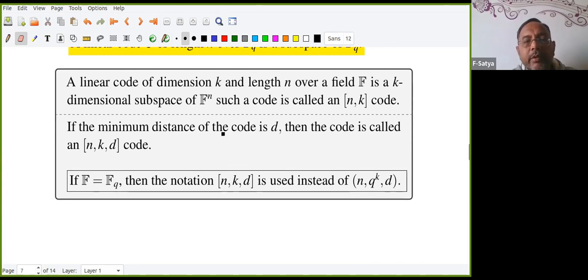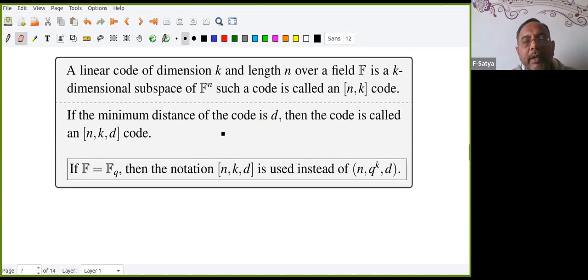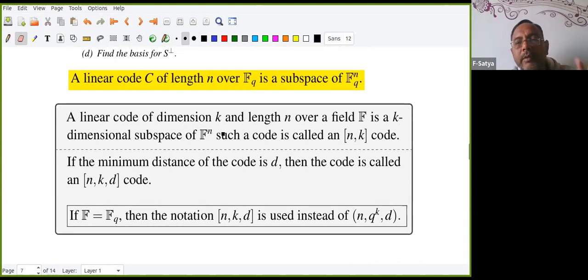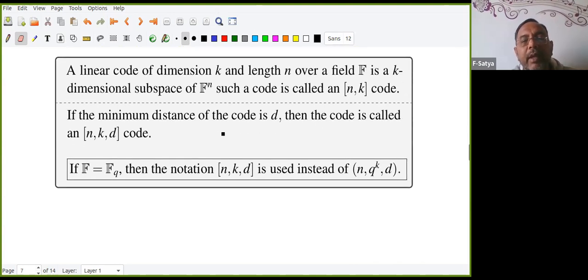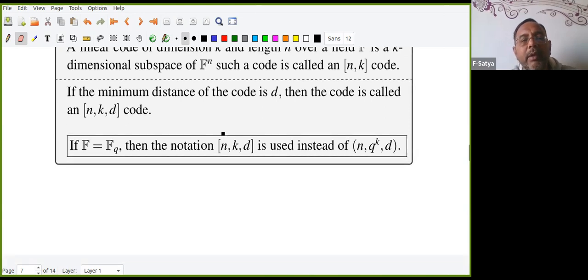A more specific definition: a linear code of dimension k and length n over F is a k-dimensional subspace of F power n. Such a code is called an (n,k) code. If the minimum distance of the code is d, then the code is called an (n,k,d) code.